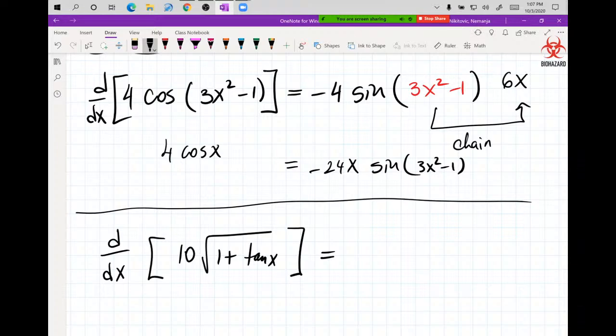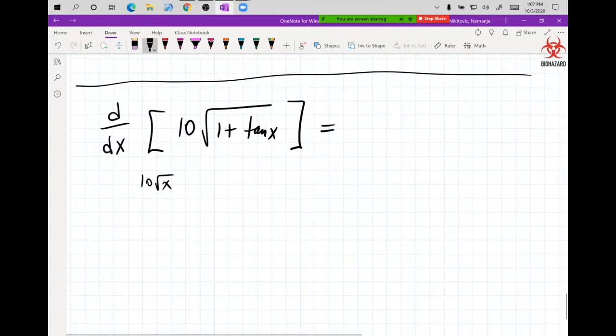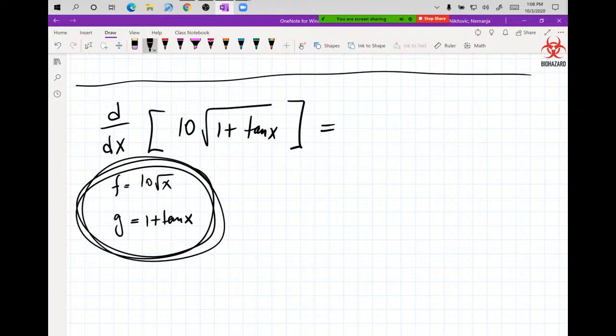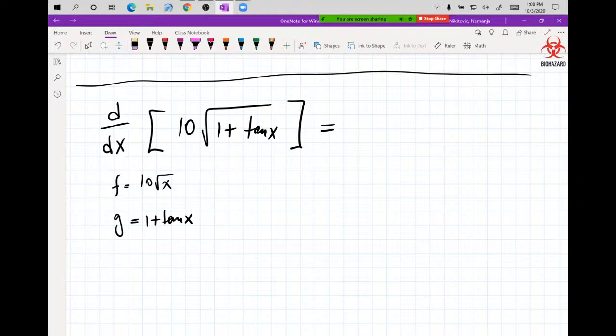There is 10 root x, which is the outer f, and then there is the mess that it's plugged in, which is 1 plus tangent x. So that's how my head works. Whatever works in your head, it's fine. You just need these building blocks so that you can do the rest.